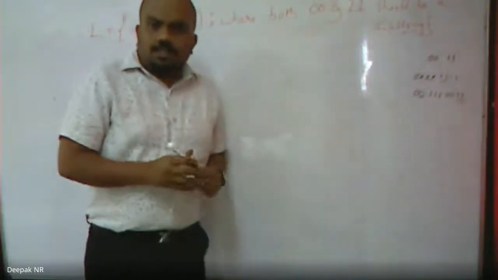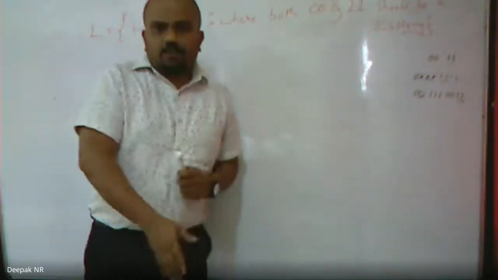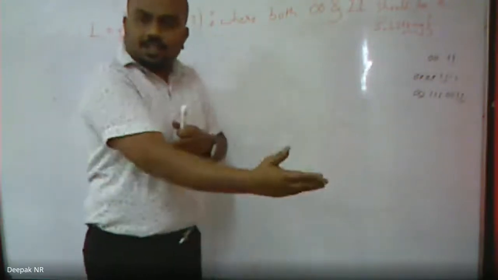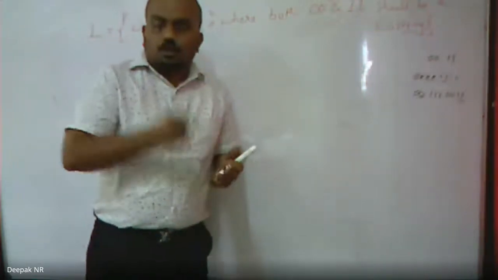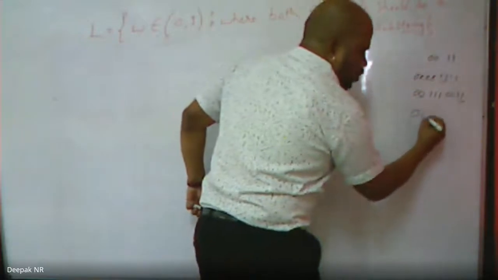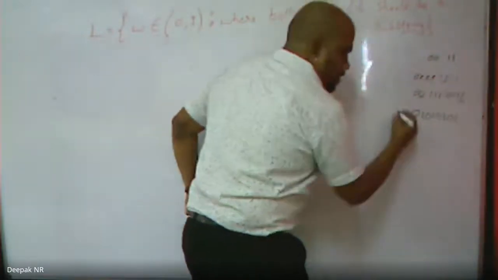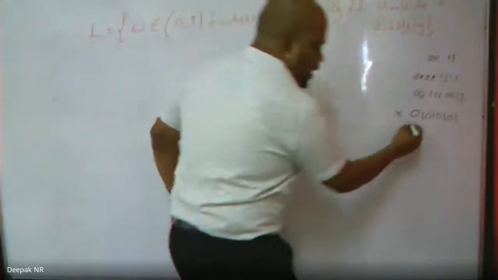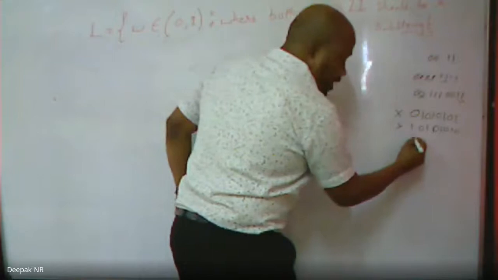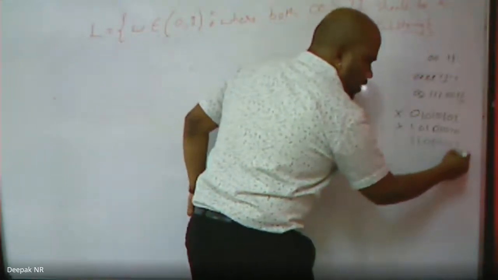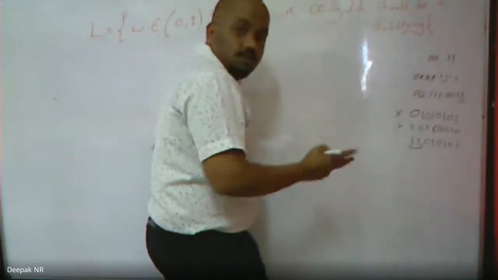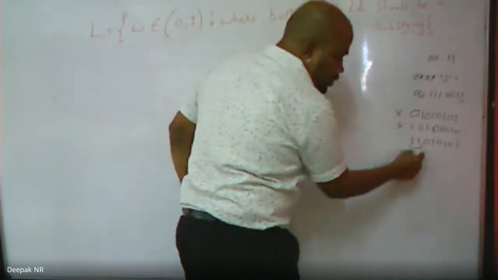There is no rule that it has to start with 0 0 1 1, or that it has to end with 0 0 1 1. Think of the entire string: 0 0 should be continuous and 1 1 should be continuous. For example, 0 1 0 1 0 1 0 1 is a false string. 1 0 1 0 1 0 1 0 is a false string. 1 1 0 1 0 1 0 1 is also a false string, because the question says it should have both 1 1 and 0 0, but here there is only 1 1.